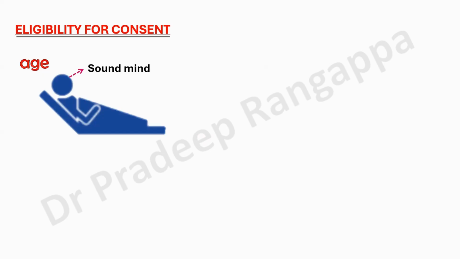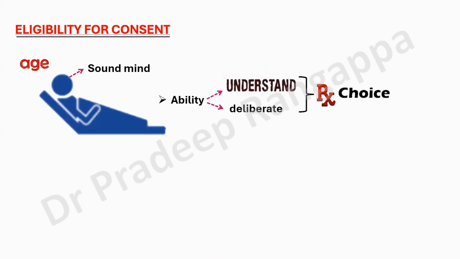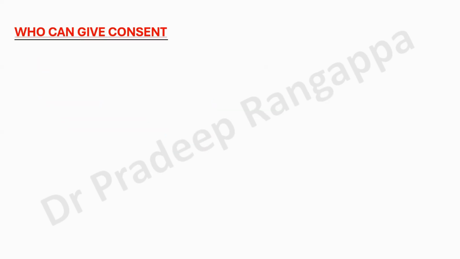He should not be under the influence of sedation or narcotics, and the patient should have the ability to understand and to deliberate on the treatment choices, and should be provided with adequate information that helps him or her to exercise the consent. So adequate information has to be provided.